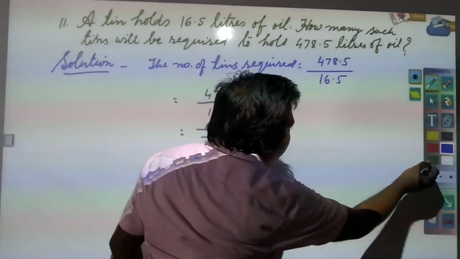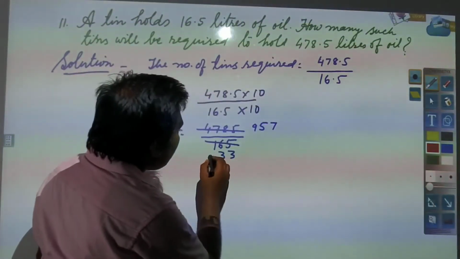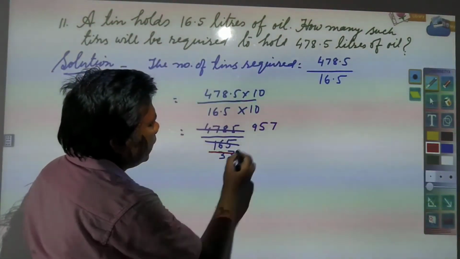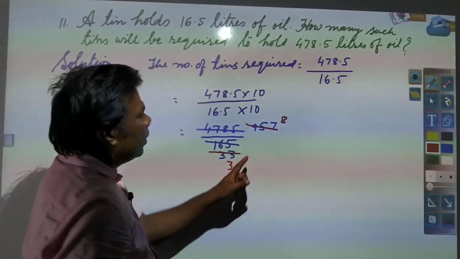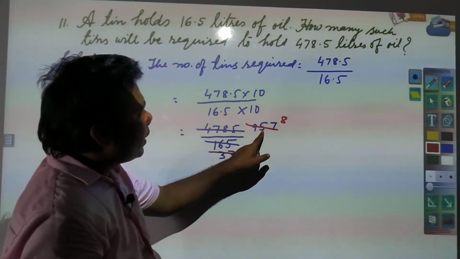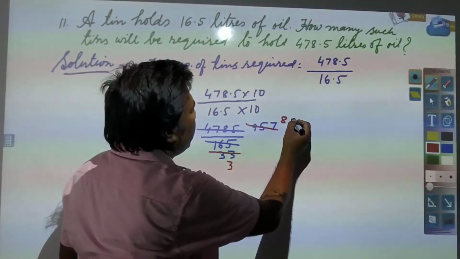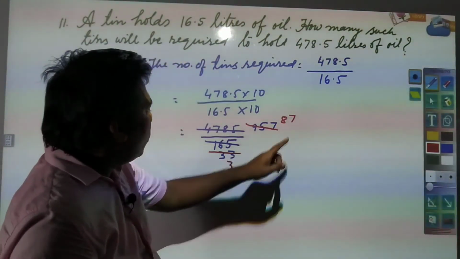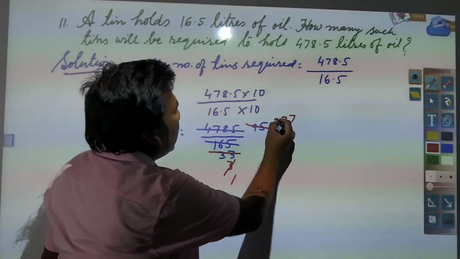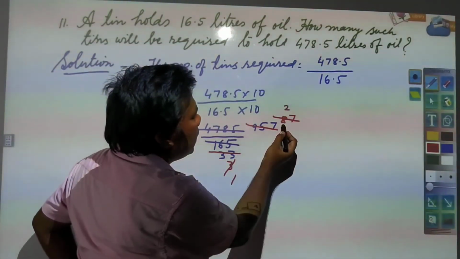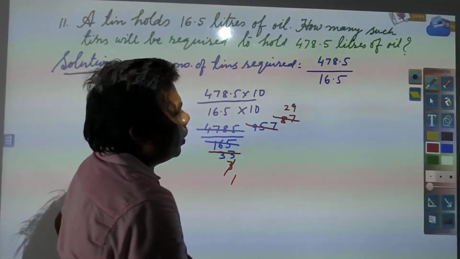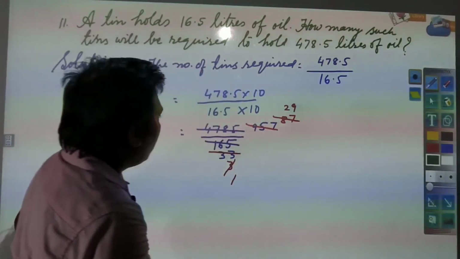Yes, by 11 it can be cancelled. 11 3 ja 33, 11 8 ja 88, and you will have 7, 11 7 ja 77. Now 3 1 ja 3, 3 2 ja 6, and 3 9 ja 27. So finally you have got 29.